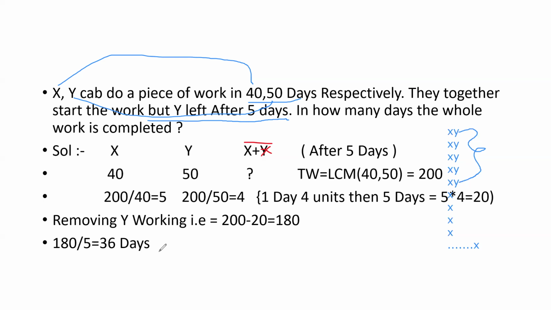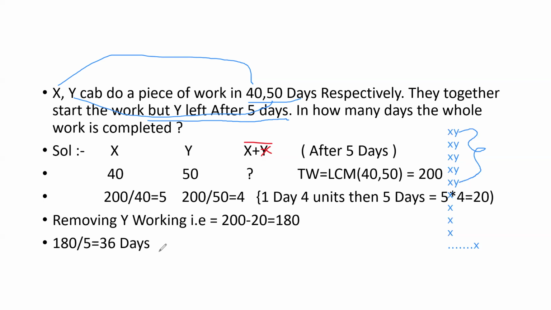We have to understand that the whole work must be completed. Only Y works for 5 days and X works all the days. First we know the total work: total work means the LCM of the given days 40 and 50, which is 200. Then we find each individual's work for 1 day.